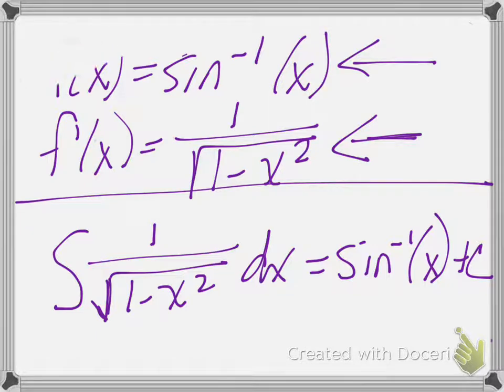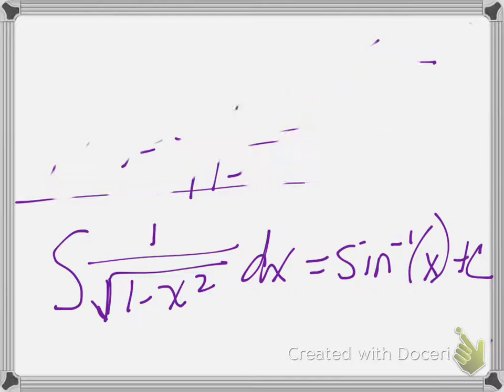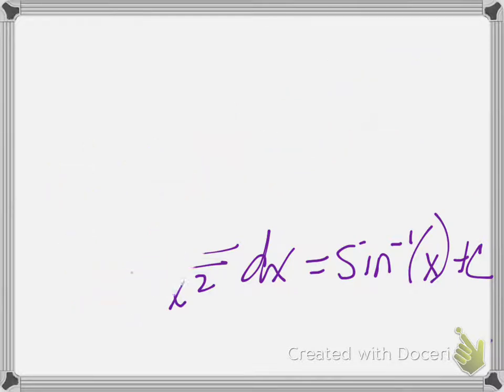Okay, so that's what you're probably going to see on the AP test. So let me give you another one. You'll end up simplifying something, and then you're going to end up with that, maybe with u substitution. So, for example, let's say you have some sort of u substitution, and after you simplify, you end up getting this.